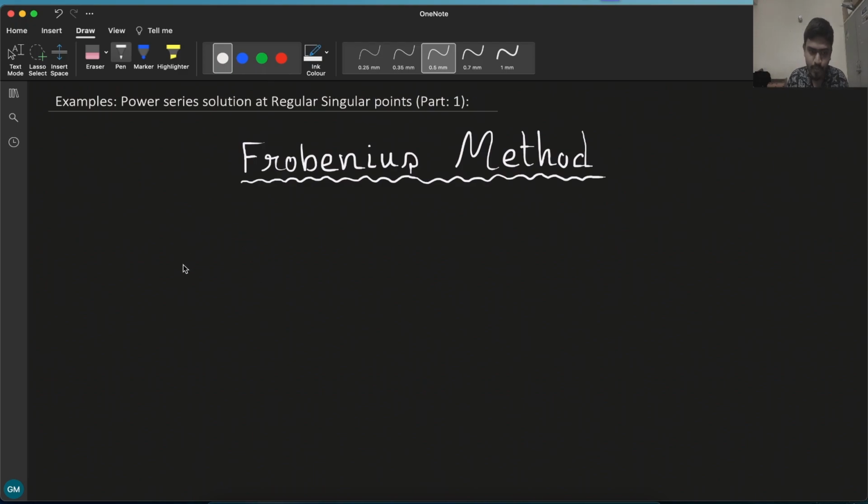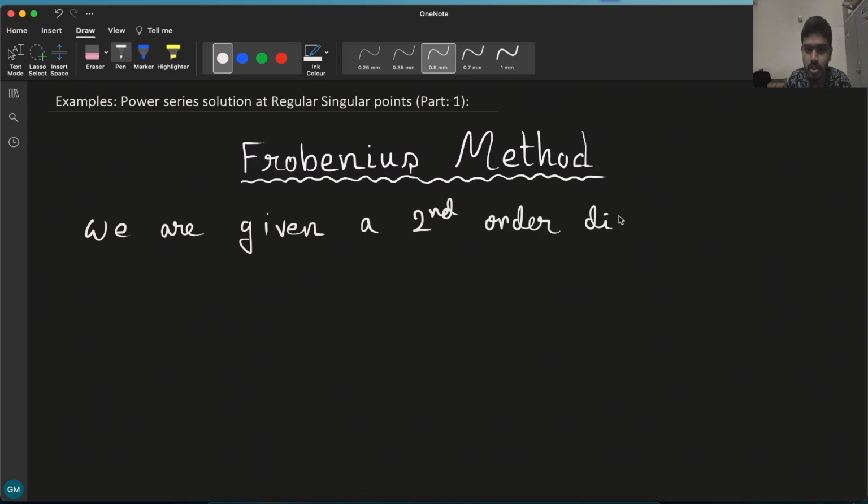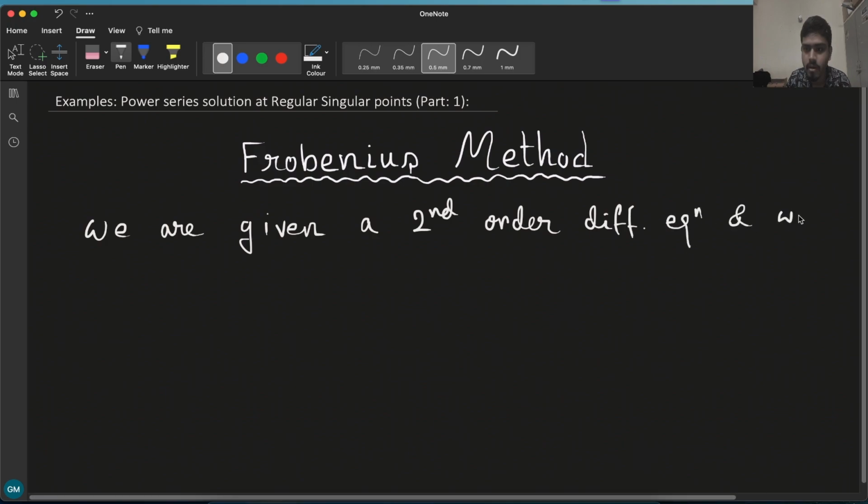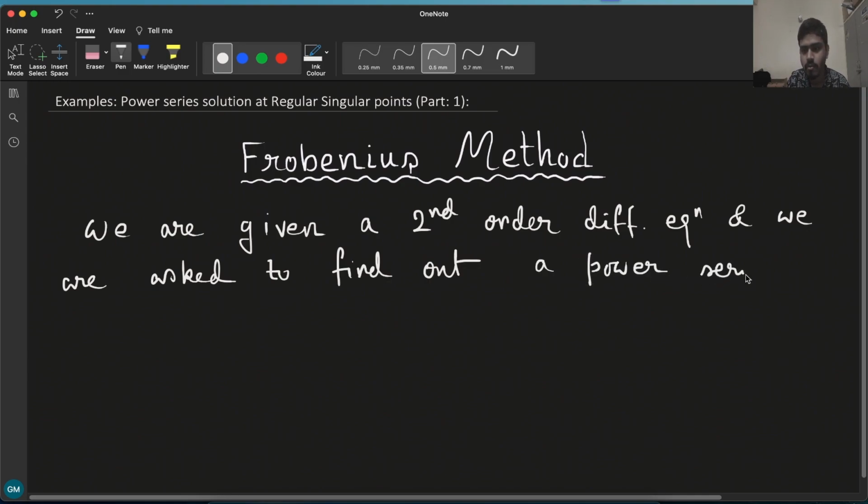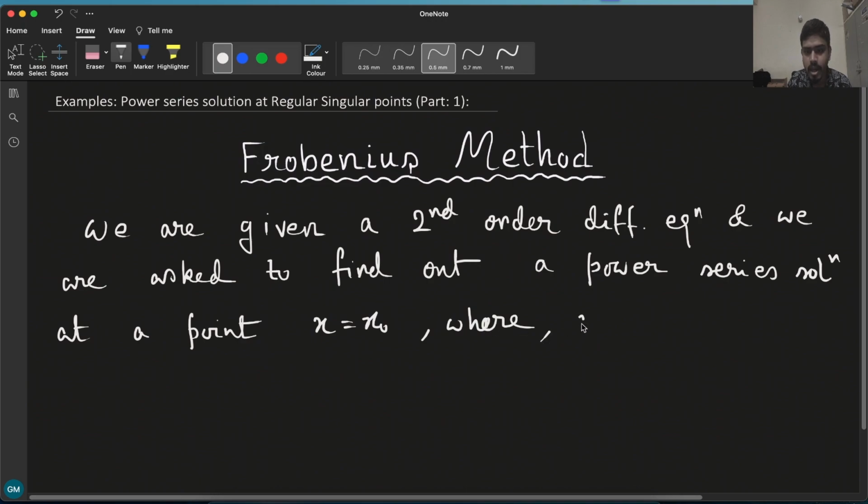So let's say we are given a second order differential equation and we are asked to find out a power series solution at a point, let's say x equals to x0, where x0 is a regular singular point.